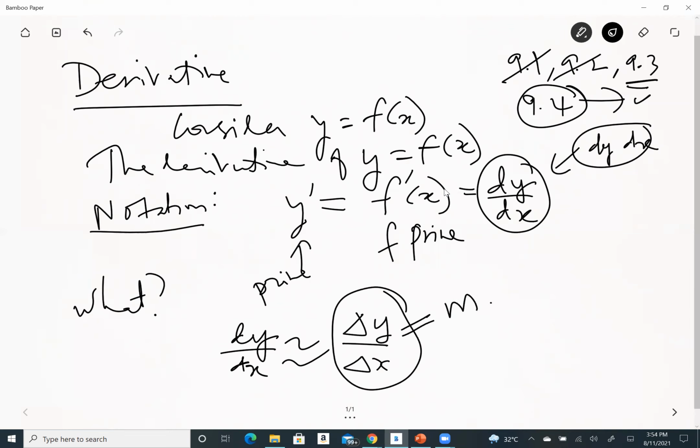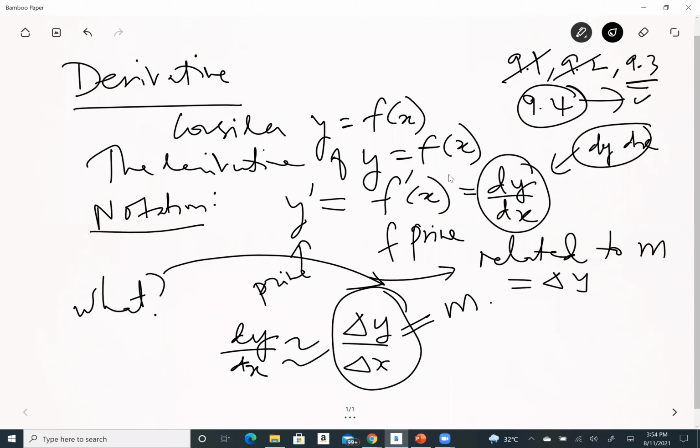So dy dx, the derivative, is related to the slope. Now, how is it related? This is our approach. The derivative is related to m equal to delta y over delta x, which is the slope of y.